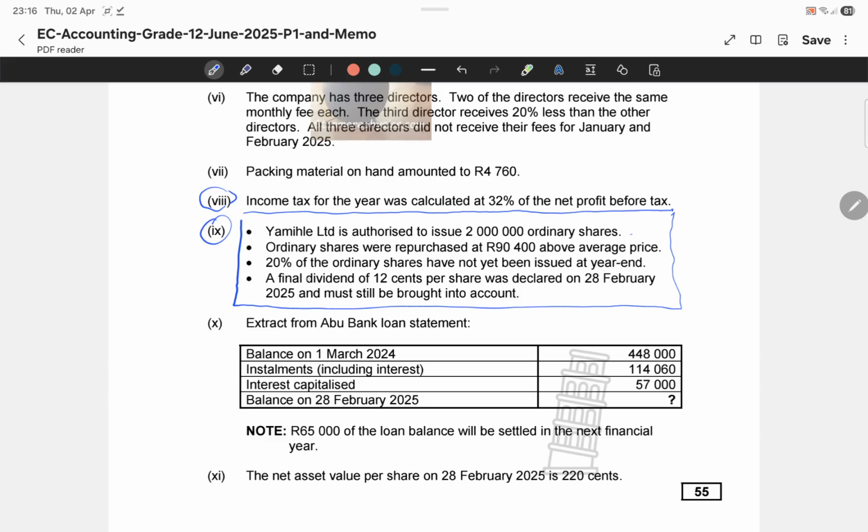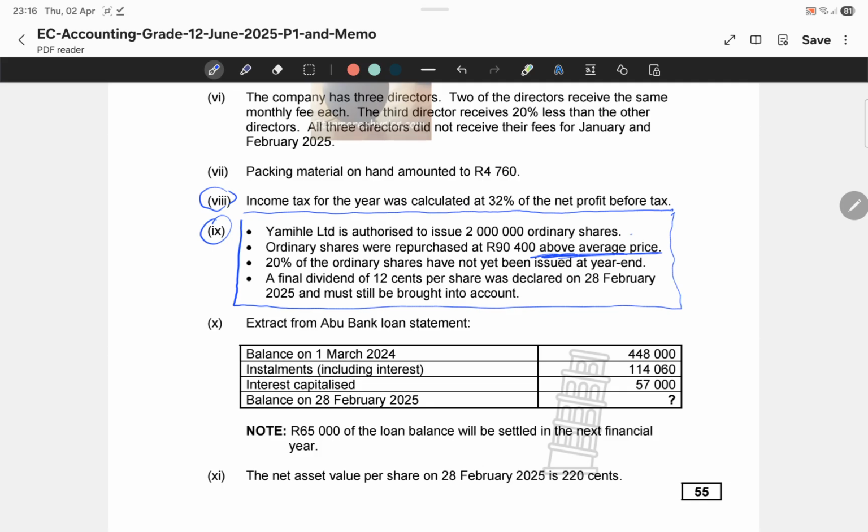The second point says ordinary shares were repurchased at 90,400 above average price. Some of you might not understand what they mean when they say above average price.